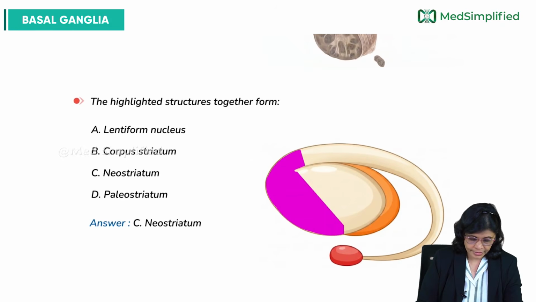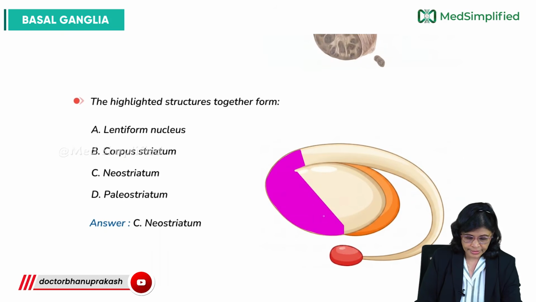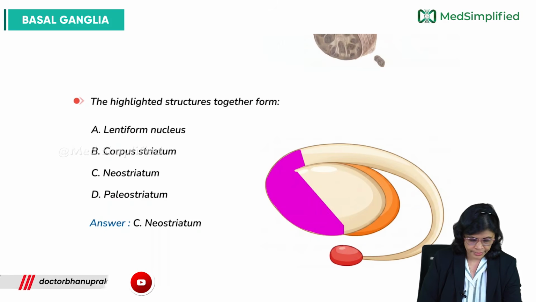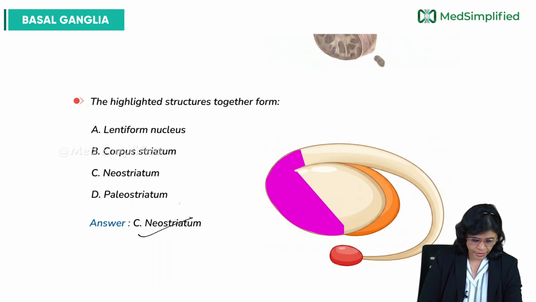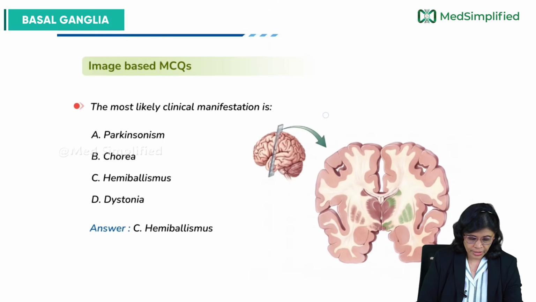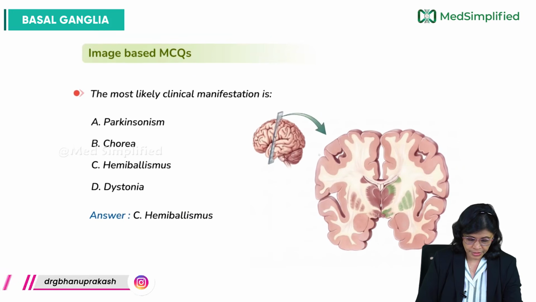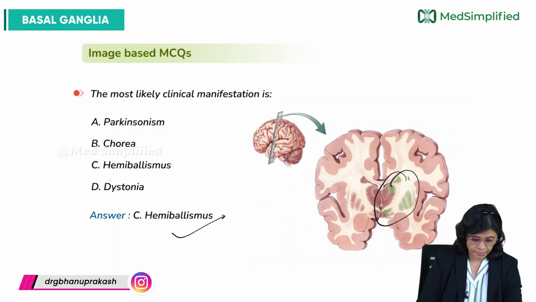The highlighted structures here are the lentiform nucleus and the caudate nucleus. The putamen of the lentiform nucleus and the caudate nucleus together form the neostriatum. The most likely clinical manifestation is hemiballismus, which involves this region here.